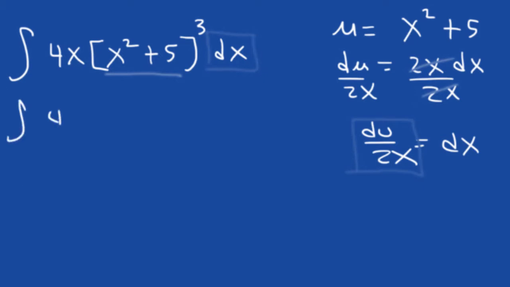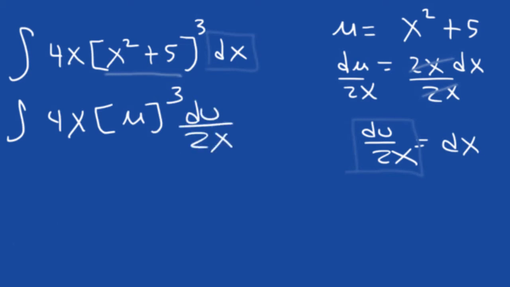So let's go ahead and do that. So we have 4x, and then u raised to the third power, and then you divide by 2x. So here we can cancel x. 4x divided by 2x is 2, so it is 2 times the antiderivative of u to the third.